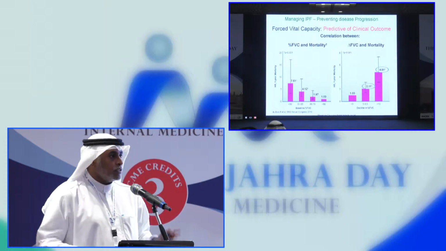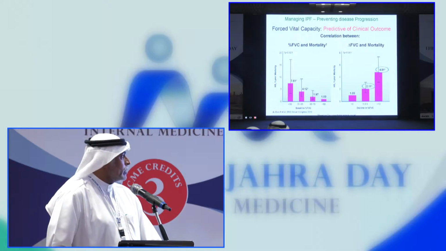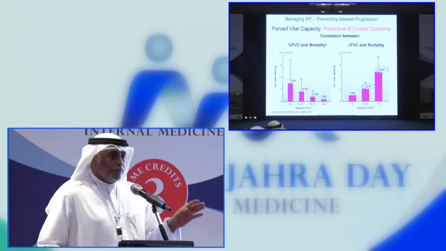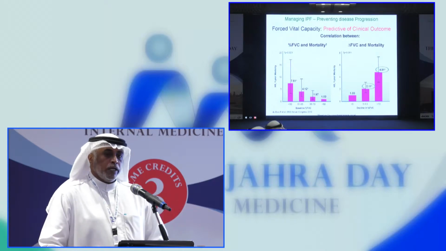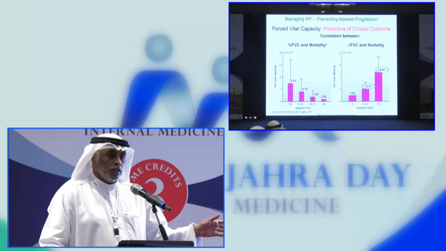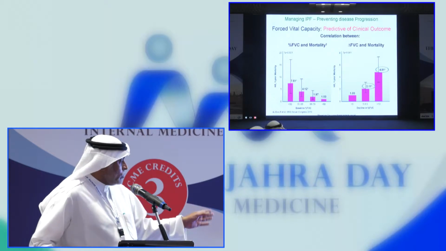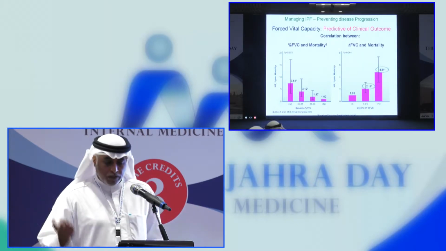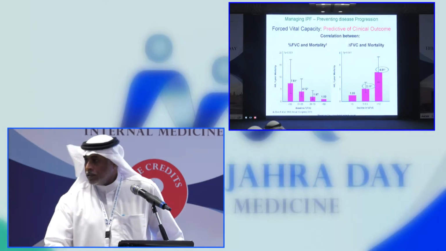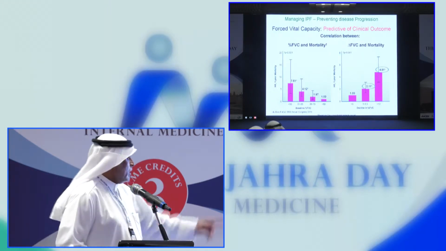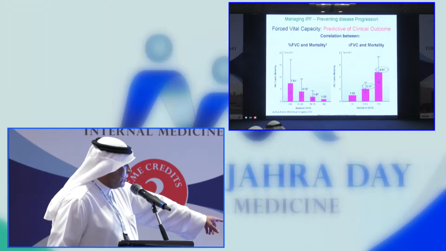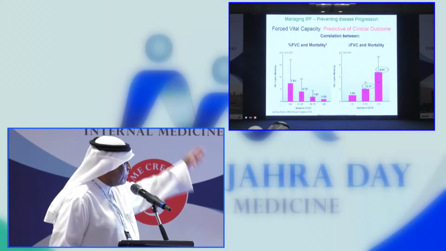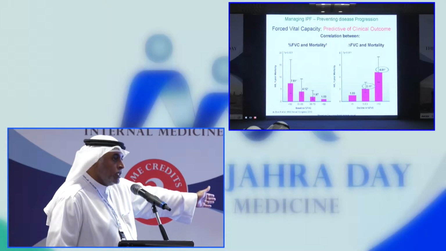The most important thing to monitor is the forced vital capacity. The FVC is well correlated to overall mortality. If you look at the left, those with more severe disease, FVC less than 50, have higher mortality.